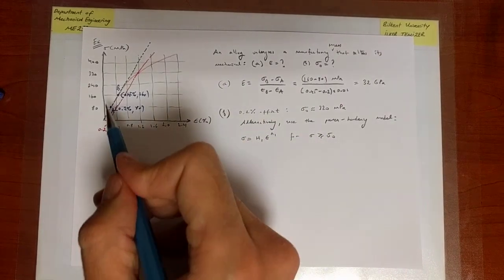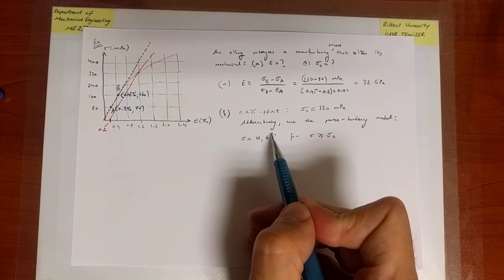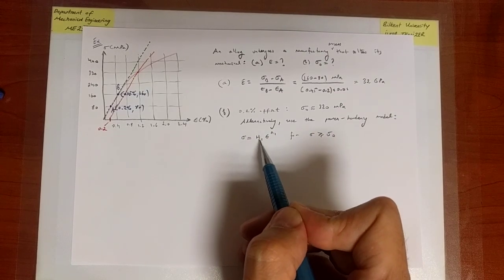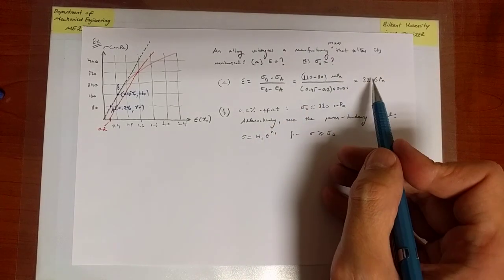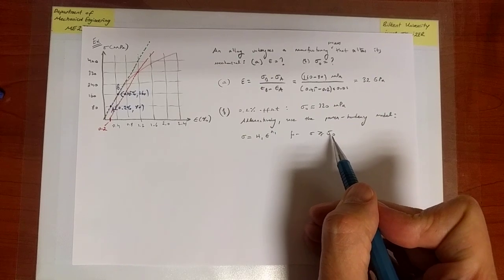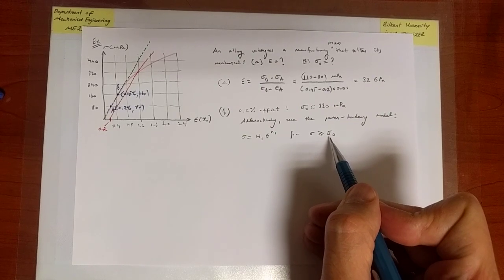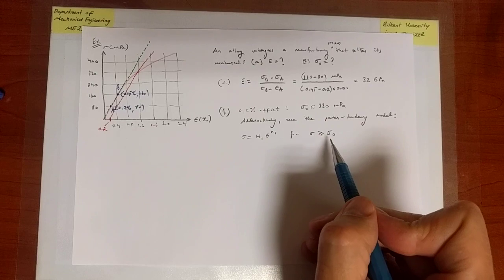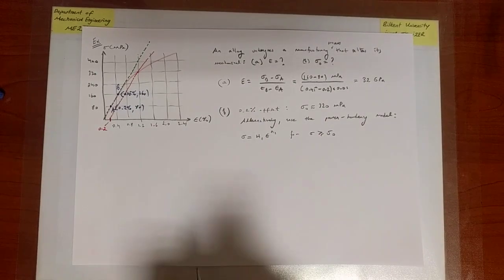Using the data, I can determine H1 and N1. Once I find those, together with E, I can also predict sigma naught, because there's a relation that relates E, H1, and N1 to sigma naught. And that's the way I'm going to proceed.